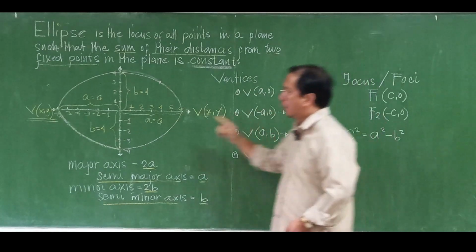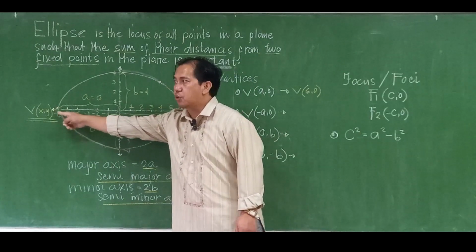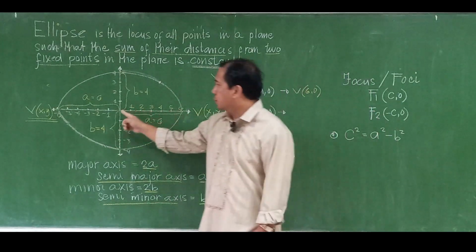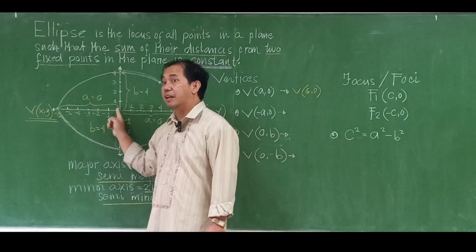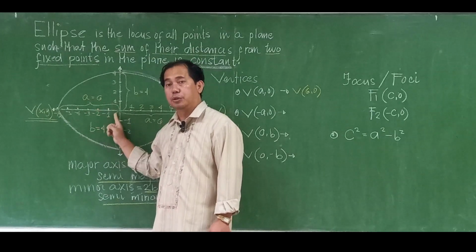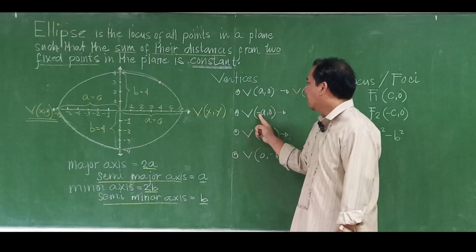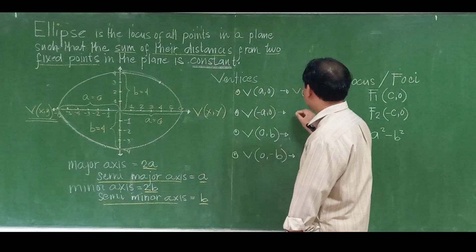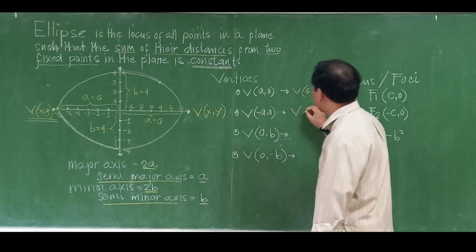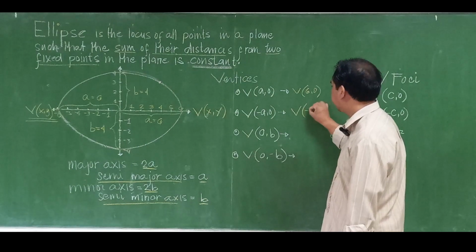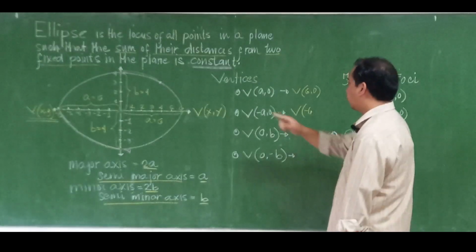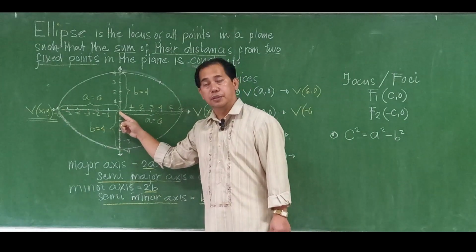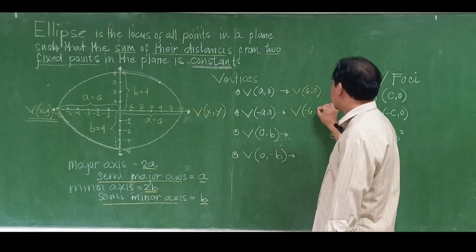Now what about the vertex of this one? The vertex of this one is the same as negative a, because this measure is at the left side of the point of origin. What is the measure of the negative a? That is actually 6, but because it is located at the other side, we have negative 6. And of course, that vertex corresponds horizontally to the center of the ellipse, and so that is 0.